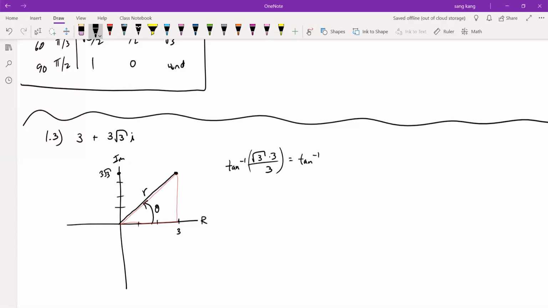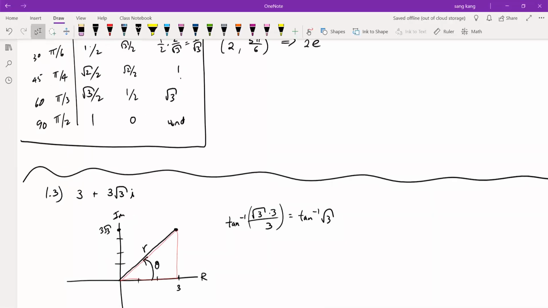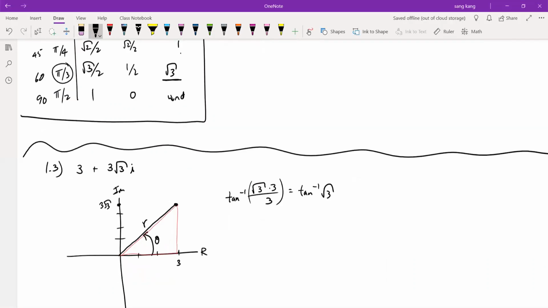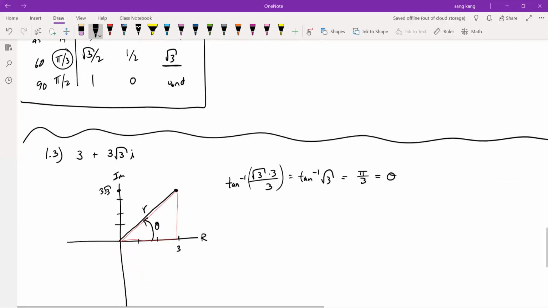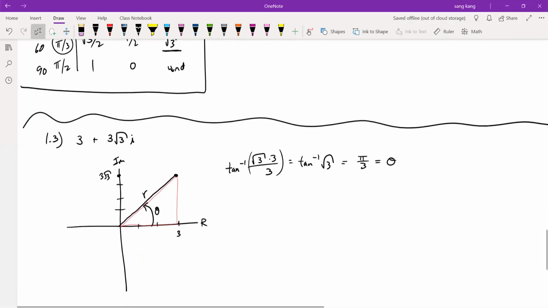And then we can just go to this table here, right? That is associated with pi over 3, which equals theta, right?